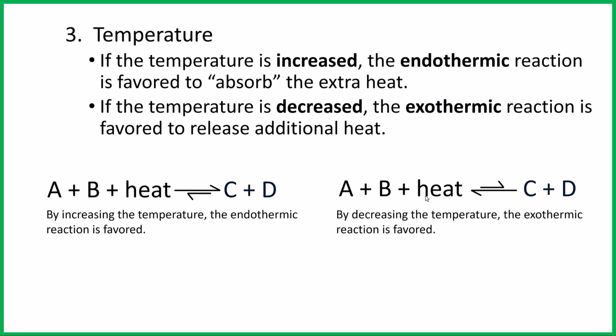If the temperature is decreased, then the reaction is going to try to produce more heat, and so the side that has heat on it is going to increase, and so that reaction is going to be favored in the reverse direction. If the heat was on the other side, then the reaction would be favoring the forward direction, so it's favoring the side that the heat is on.